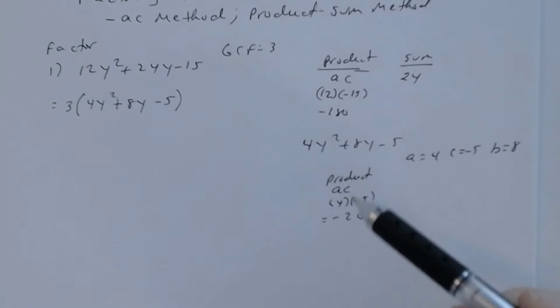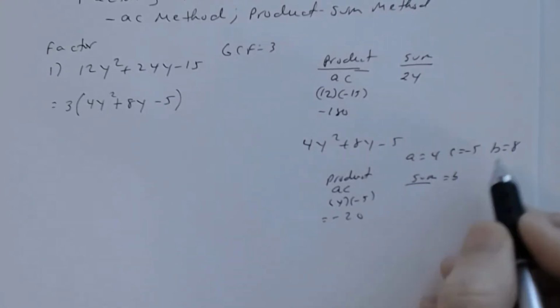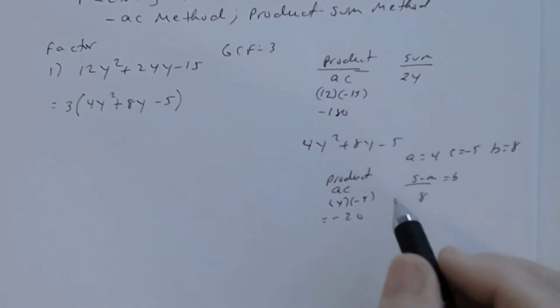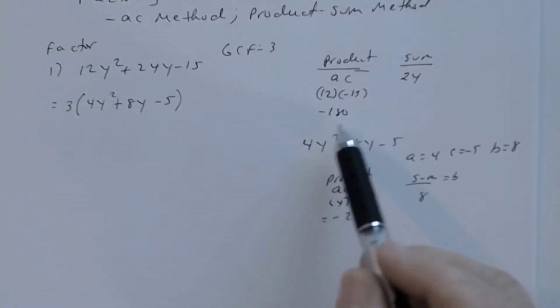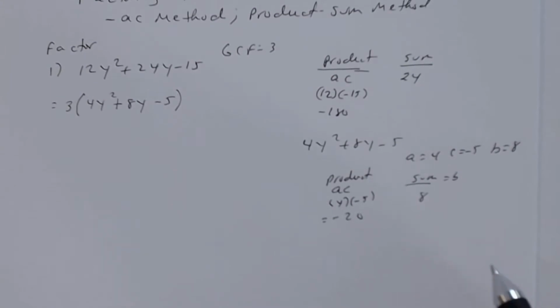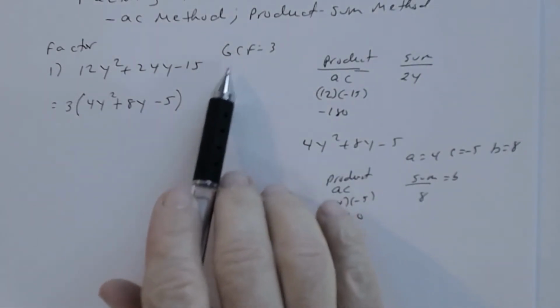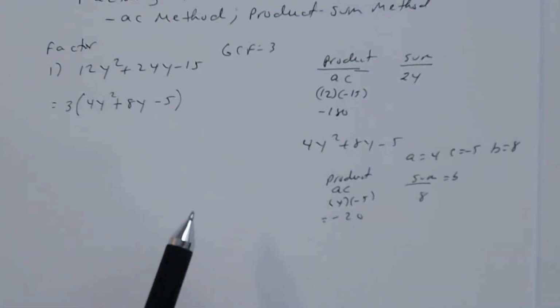You see the difference? I would rather find two numbers whose product is negative 20 and whose sum, remember the sum is B, which is 8, than find two numbers whose product is negative 180 and whose sum is 24. So see how important it becomes to factor out the GCF when using the AC method?